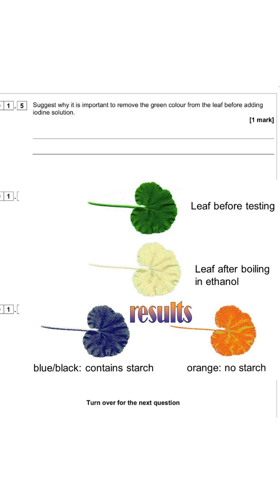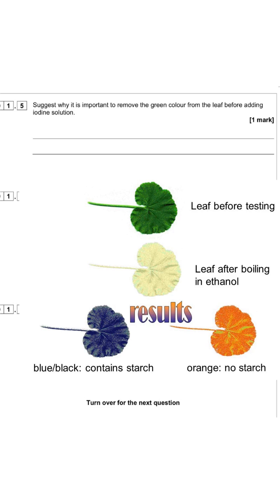It's important to remove the green colour from the leaf before adding the iodine solution, because if we didn't do that, the iodine, which is an orange-brown colour, would be going straight onto the green colour of the leaf, and this would make it really difficult for us to see a clear colour change. So by using the ethanol, we can bleach the leaf and remove the pigment from the leaf.